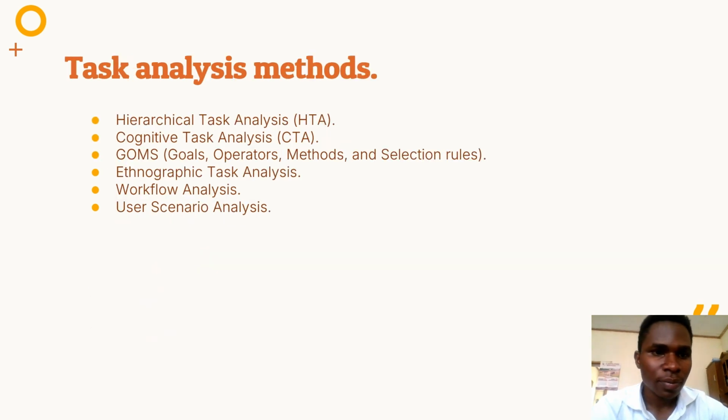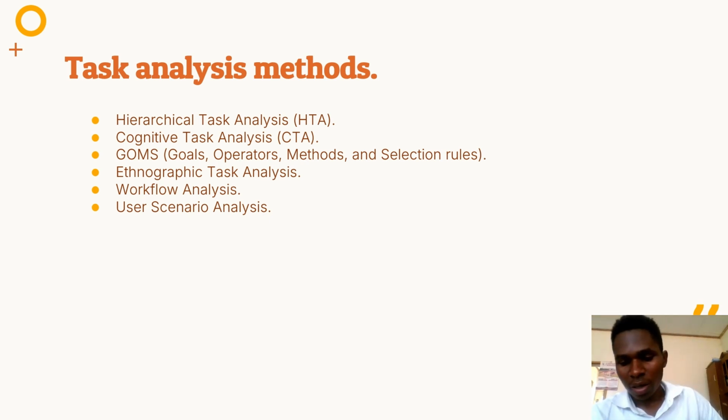Next is task analysis methods. These basically look at the methods you use in order to perform task analysis, and these are basically determined according to the type of task analysis you're using, and it would also depend on what the main task is and the complexity of the task you're going to analyze.